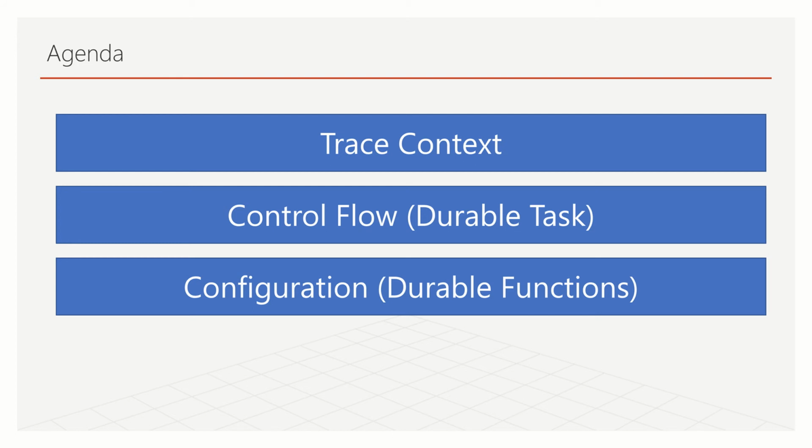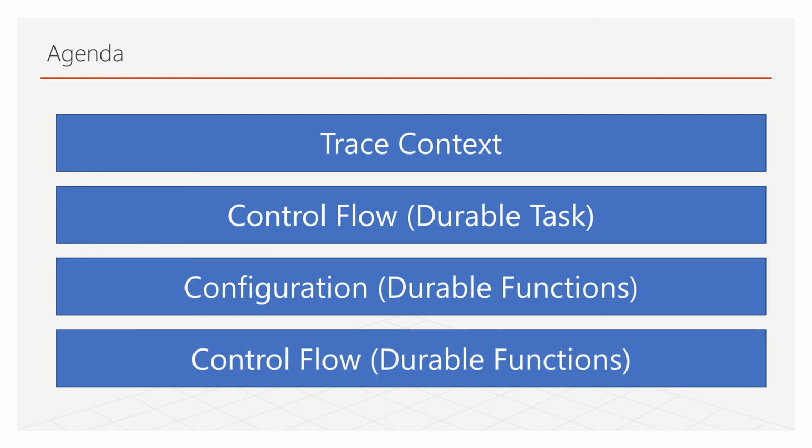That is why the configuration is very important. Finally, the control flow on the durable function side. After watching these videos, you should understand the architecture of distributed tracing on durable. I hope you enjoy.